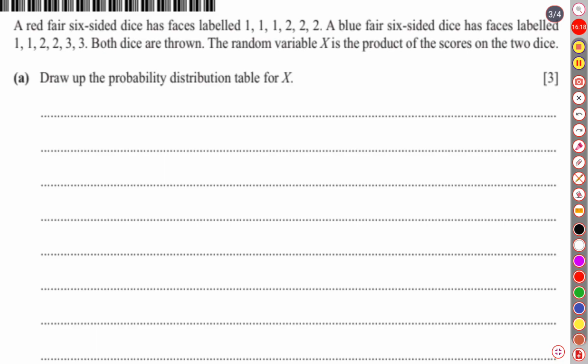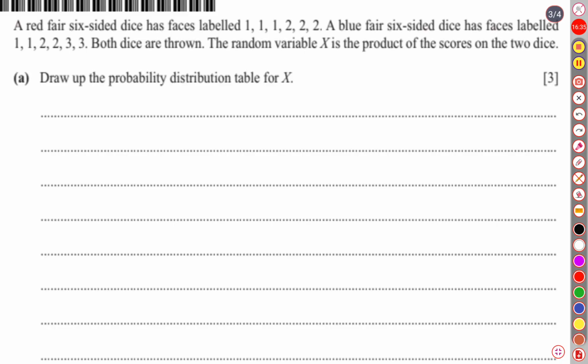A blue fair six-sided dice has faces labeled 1, 1, 2, 2, 3, 3. Both dice are thrown. The random variable X is the product of the scores on the two dice. Draw up the probability distribution table for X.